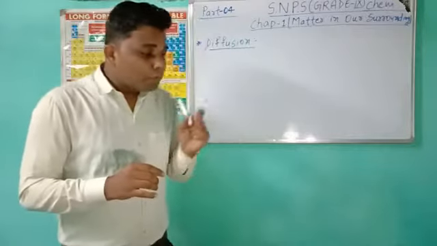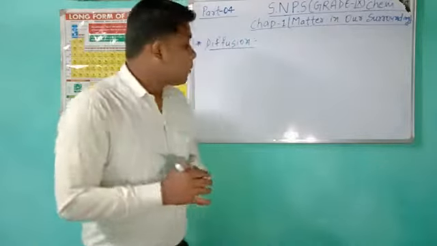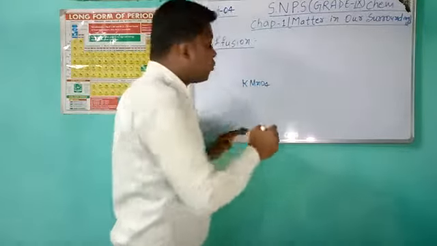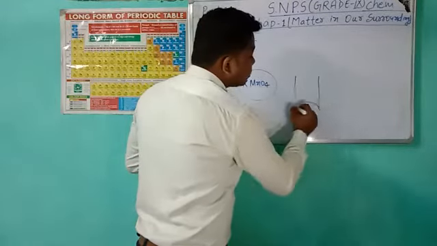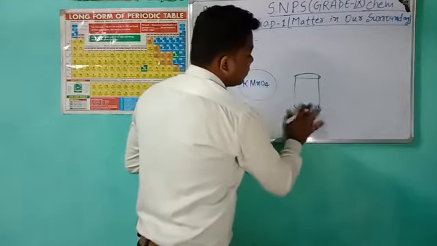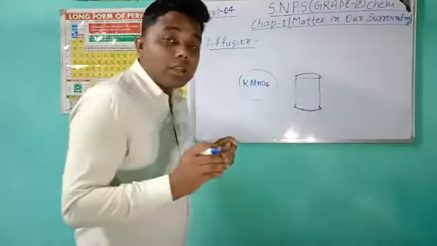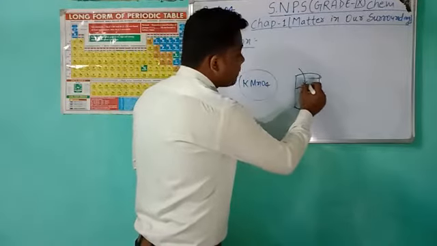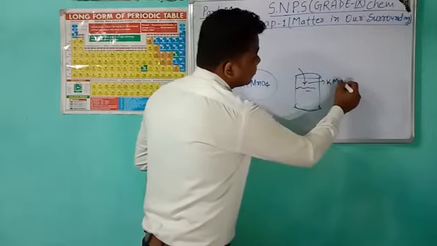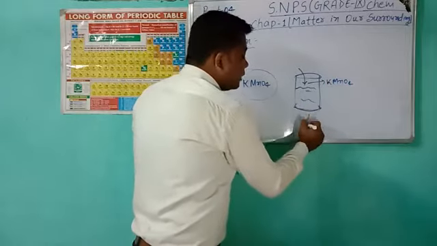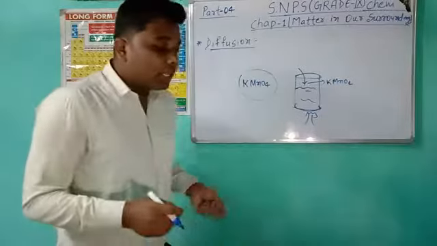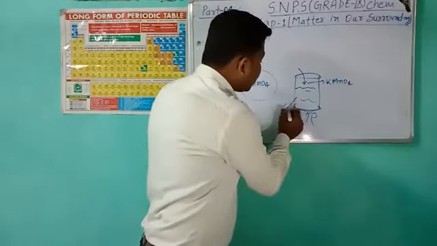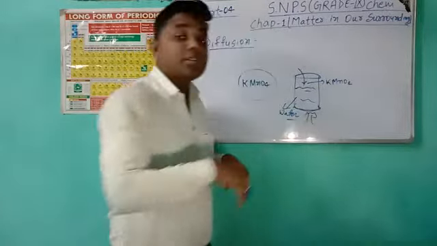Suppose we put some potassium permanganate, KMnO4, into a glass of water and start heating, then the rate of mixing of potassium permanganate into water increases.